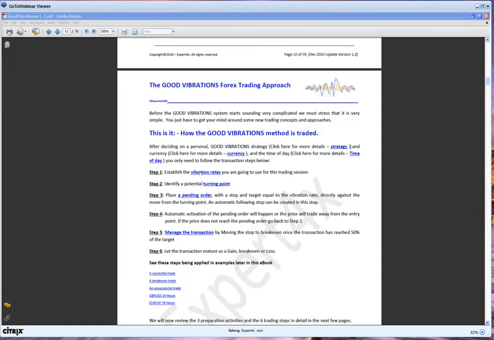Okay, so that covers the time of day. What we're going to do is work with bar charts, determine the vibration rates, which I've already done for us, then identify turning points and place pending orders at those turning points. In my case, I'm just going to put a stop in. I'm not going to put a target in.